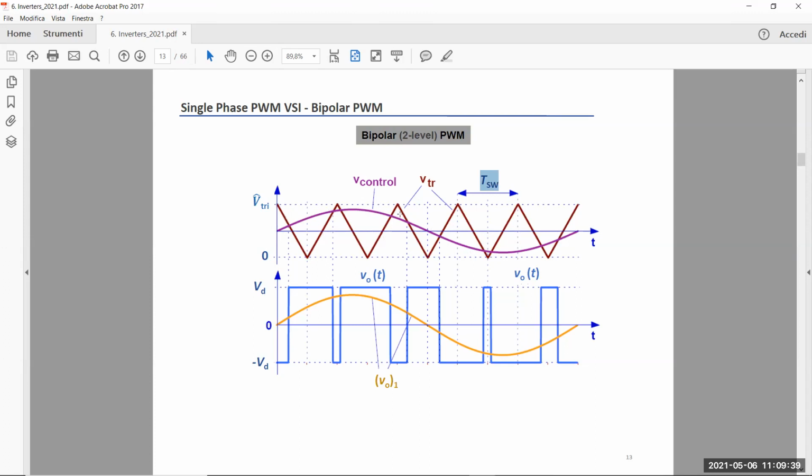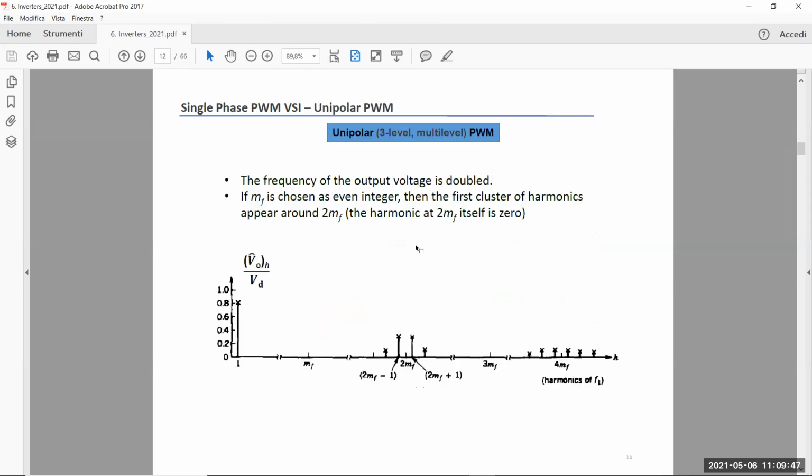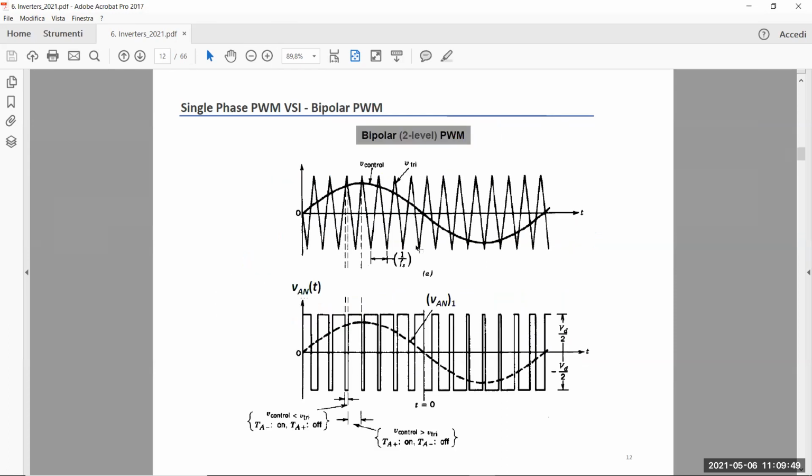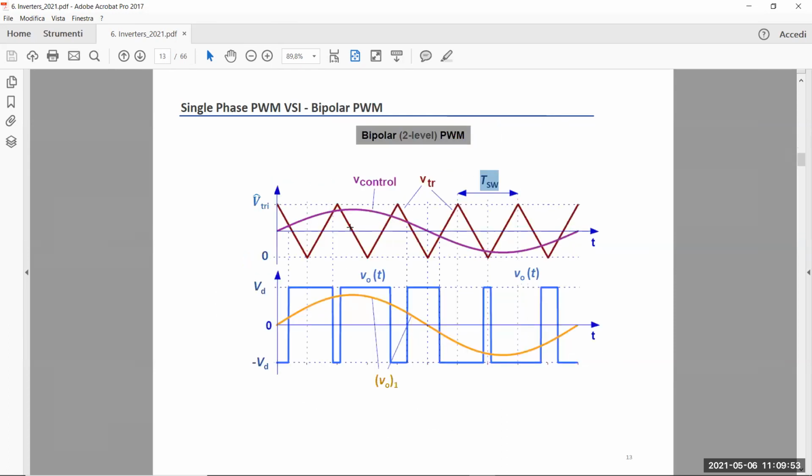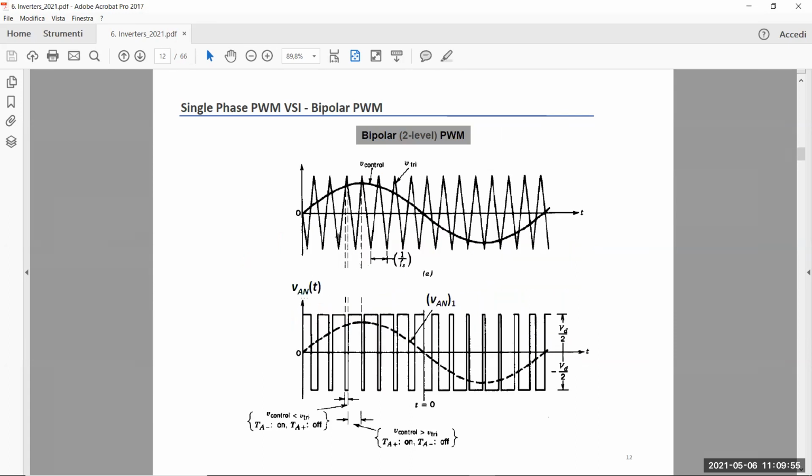And then we use this control voltage both for the leg A and the leg B. For example, here, when the control voltage is higher than the triangular voltage, you get 1, for example here at the beginning, otherwise you get 0.